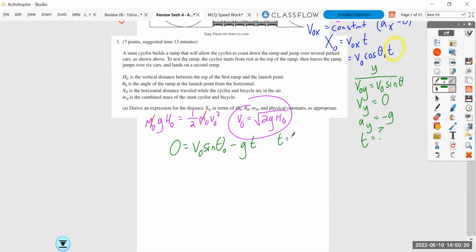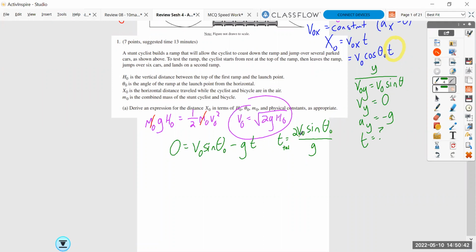And I can get that my time is v0 sine theta divided by g. In this case, though, I want to make sure that we note that this is only the time up to the apex. So in fact, if we want our total time, it's going to be twice that, because we've got to go up and come back down.